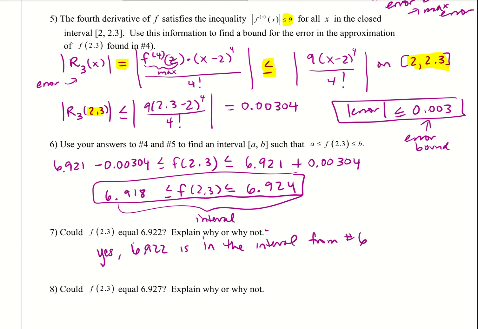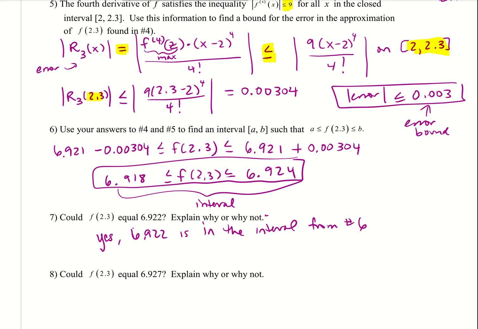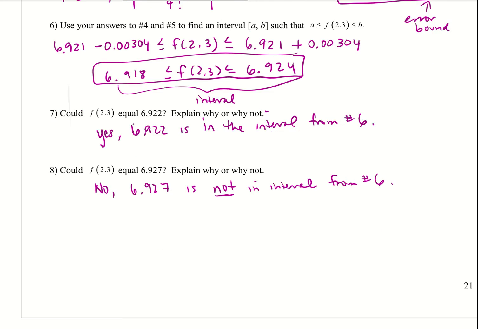No, because the most the error could be was 0.003. And so 6.927, notice, is outside the interval. So 6.927 is not in the interval from number 6. And so I can't go that much. I already know the max that my error could be.